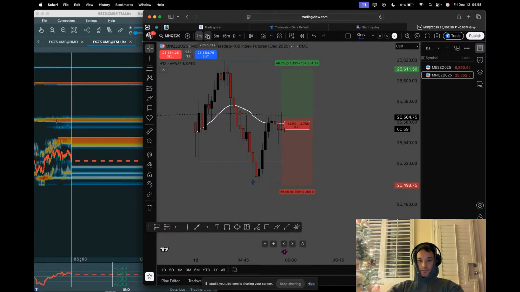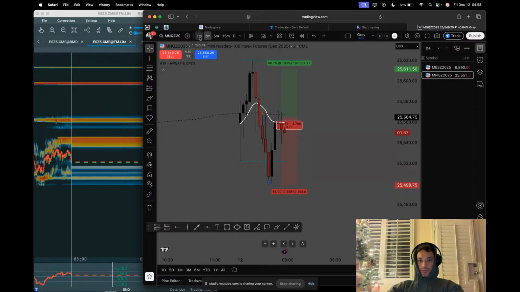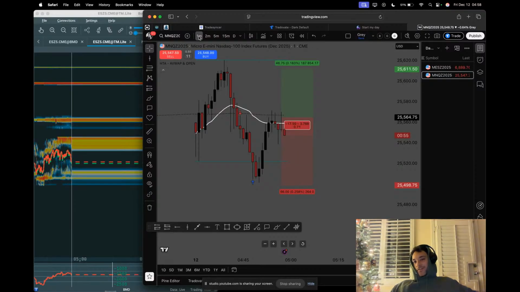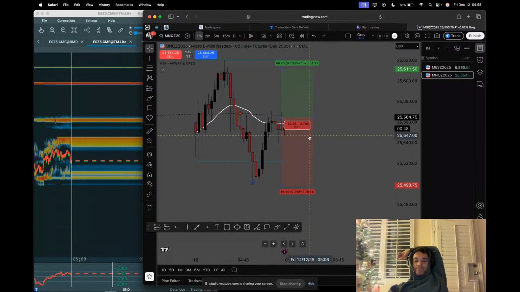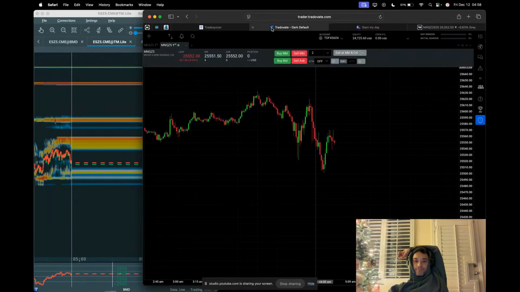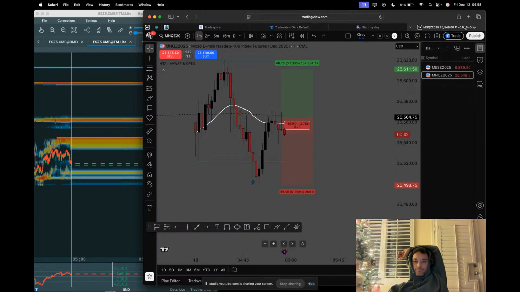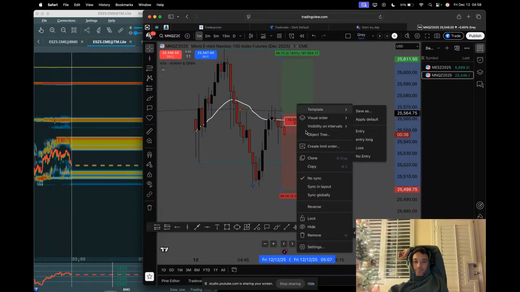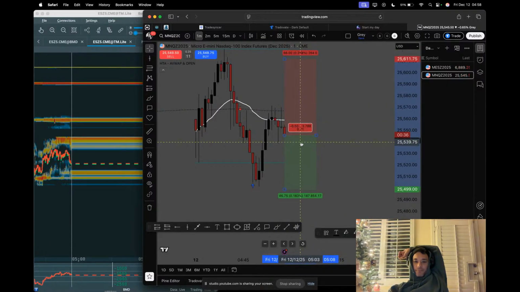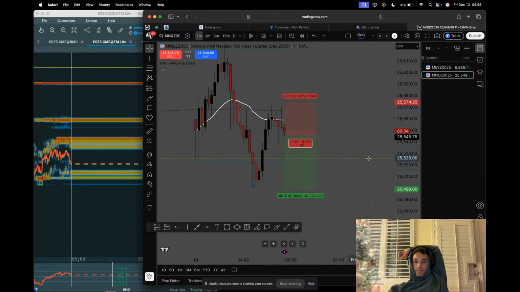Price really does not want to go above this VWAP. Looks like it wants to go short. All right. This might be the play then.